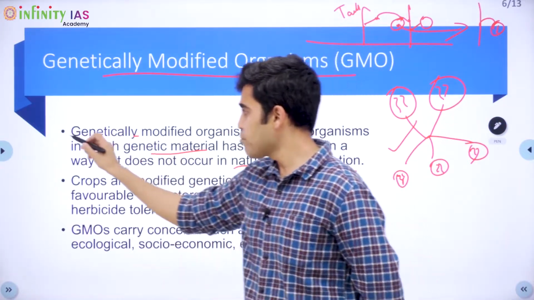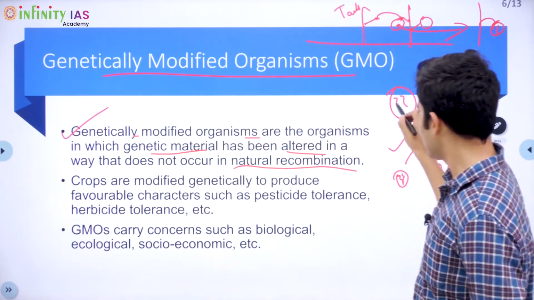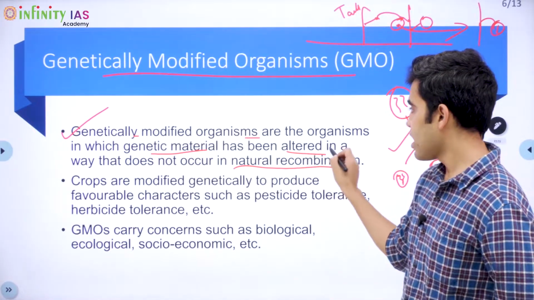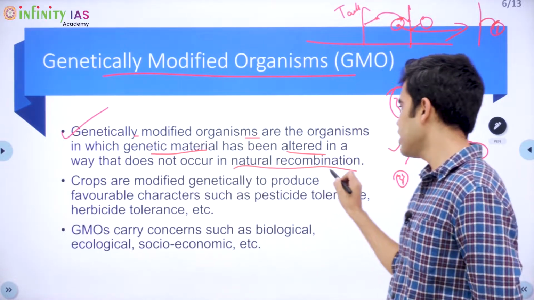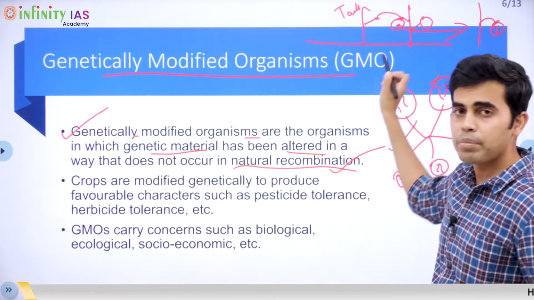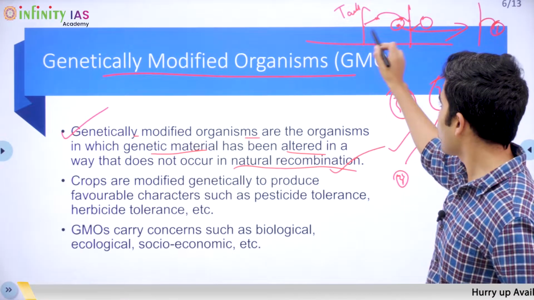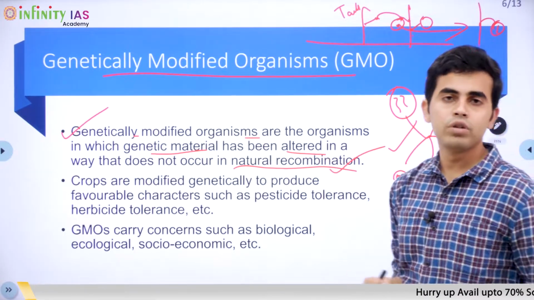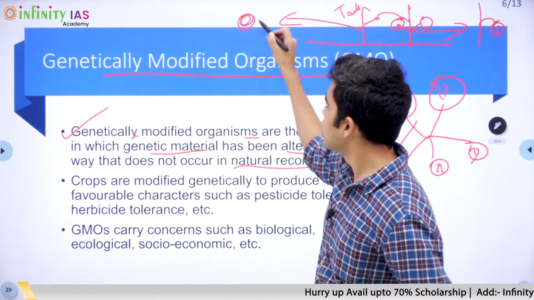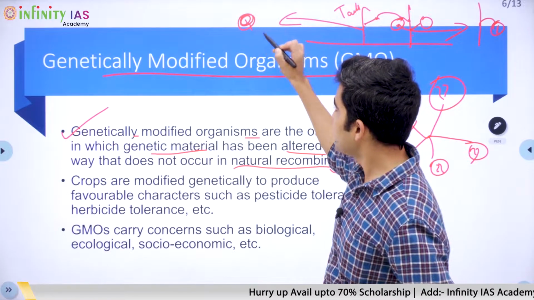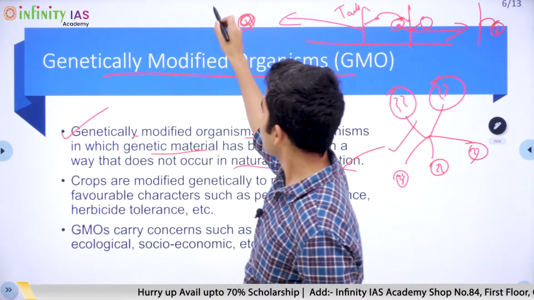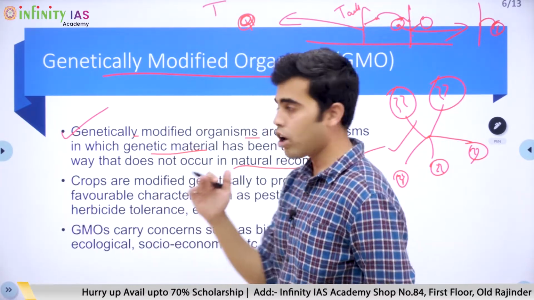But in genetically modified organisms, we alter the same genetic material in an artificial way. That means it is altered in a way that does not occur in natural recombination. So how do we do this? We will take the same example of these two plants: a taller plant and a plant with a sweeter fruit. We take the seed from the taller plant, whose genetic material already has a gene for tallness.